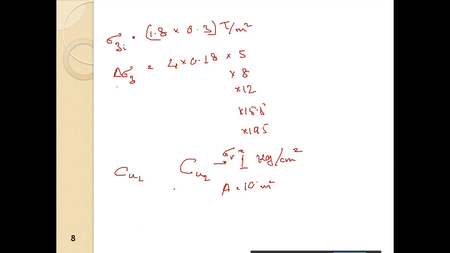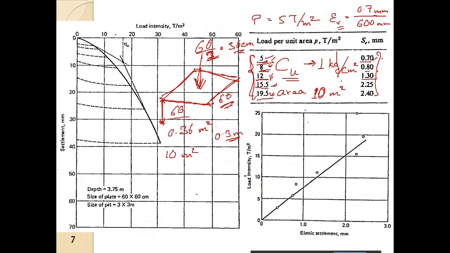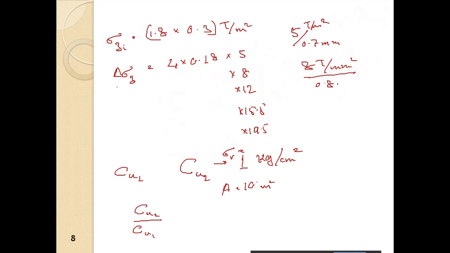So we need CU2. CU1 is these values: 5 ton per meter square by 0.7 mm, then 8 ton per meter square by 0.8 mm. These are all CU1.